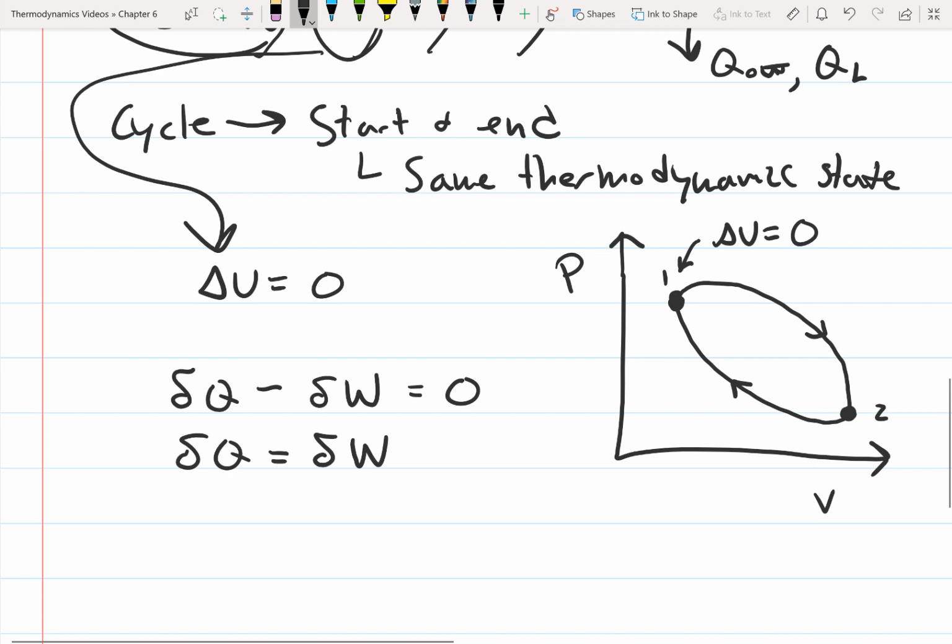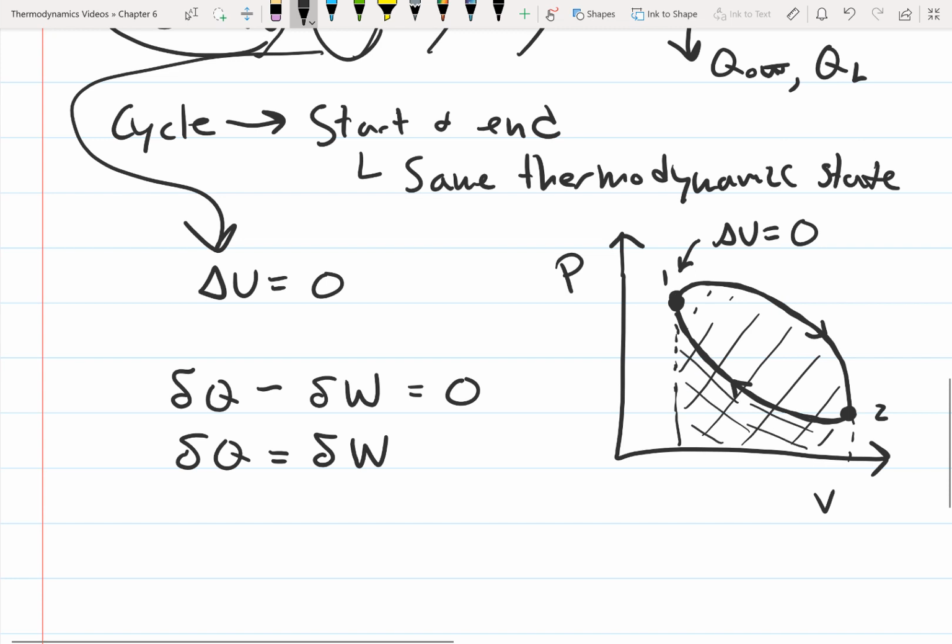But if we look at the work, remember PV is work, so this is our path from state 1 to state 2, and our work is going to be everything under this curve. And then when we go back to state 1, our work is going to be everything under this curve.